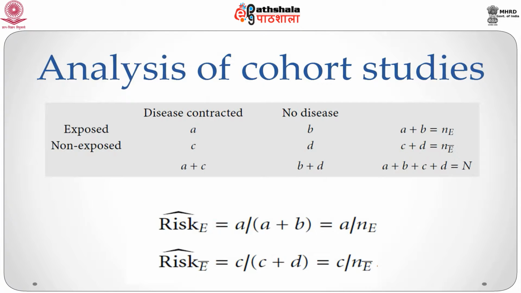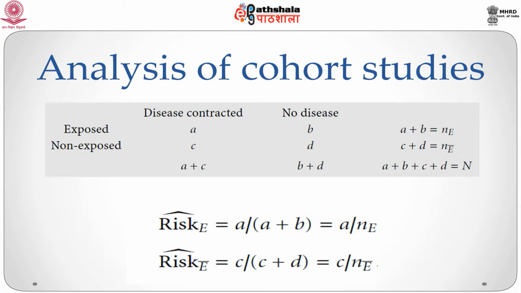The analysis of cohort studies is fairly straightforward, and in the simplest case involves the 2x2 table. So here we have the simplest possible 2x2 table, assuming that exposure is binary and individuals can be classified as exposed or non-exposed based on their exposure.